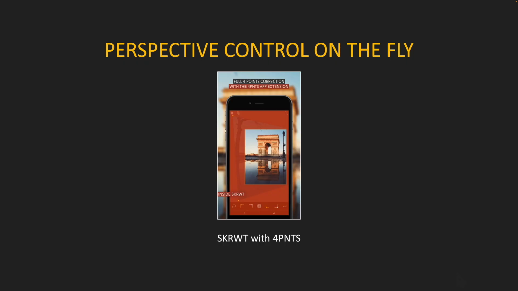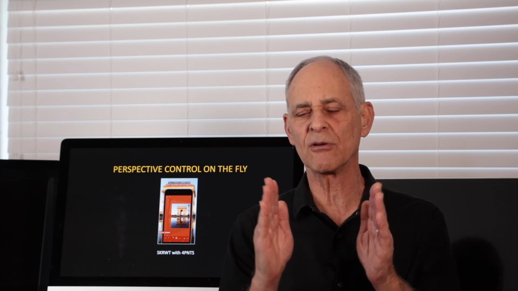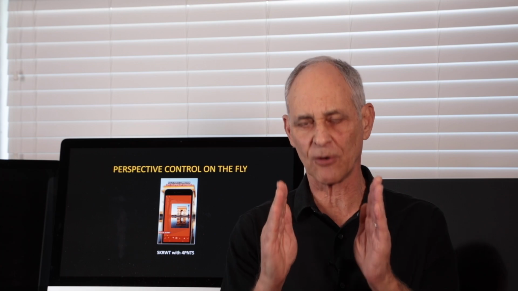Again, I didn't want to go into dozens of apps that are available. However, if you do need perspective control on the fly, the edit in your smartphone isn't going to get the job done. I use this one app called SKRWT, and it has an app within it called 4 Points, and it's really beautiful at correcting the verticals in an existing photograph.